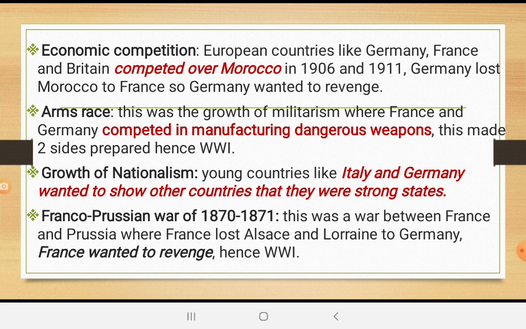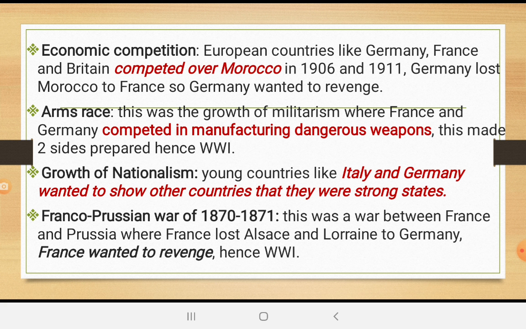Another cause, a long-term cause, is the Franco-Prussian War. The Franco-Prussian War of 1870 up to 1871. This war opposed France and Prussia. And remember, this Prussia was an empire that included mainly Germans. Germany was mainly included in Prussia.